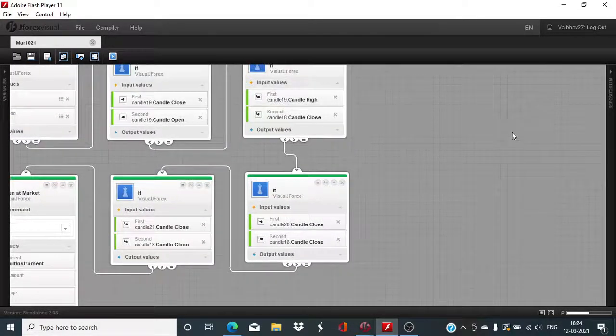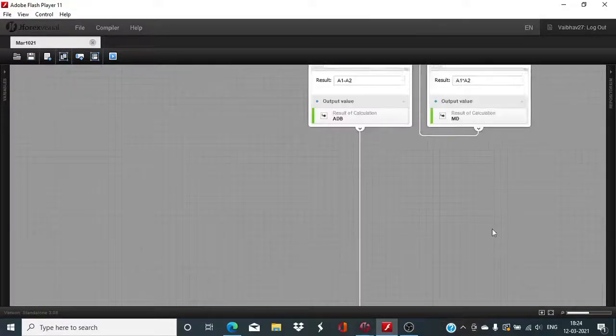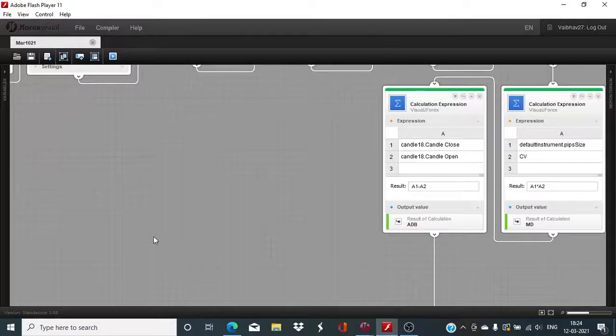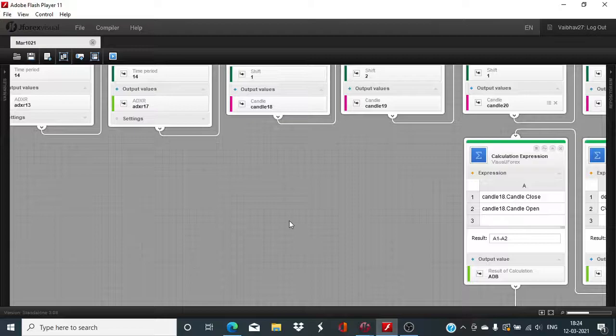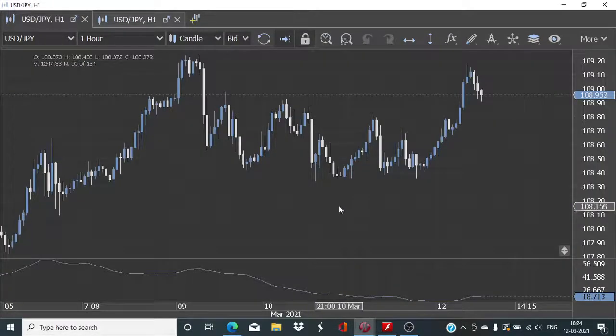First, I will complete the sell side if else structure, and afterwards, we will come to the defining of those two input values for the market open block. So let us now get started for today's session, where the sell side logical conditions will be put in place.